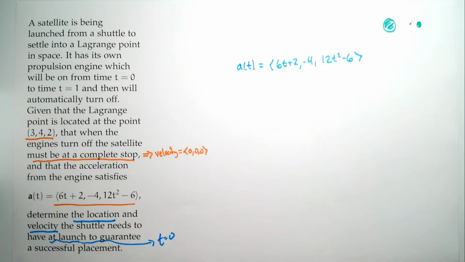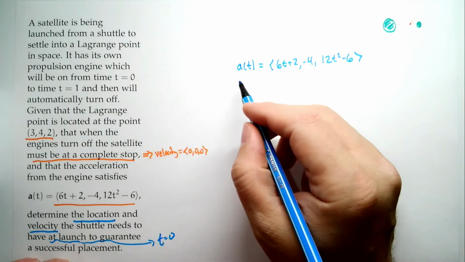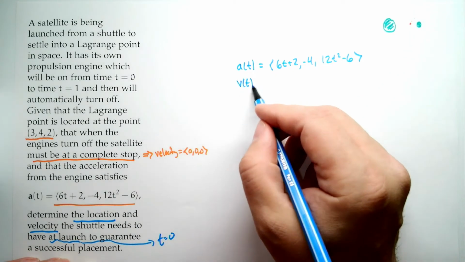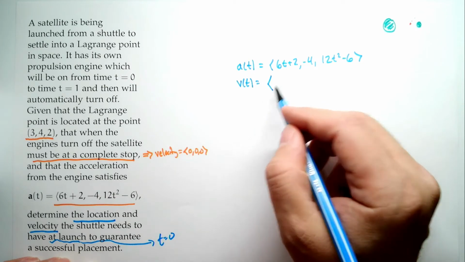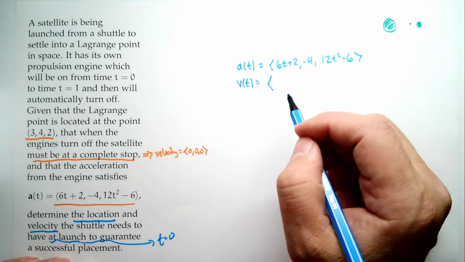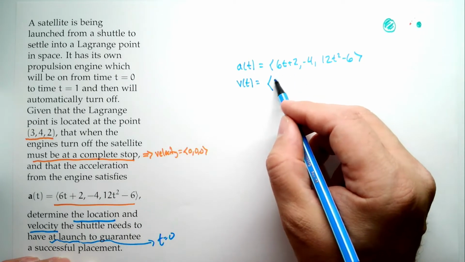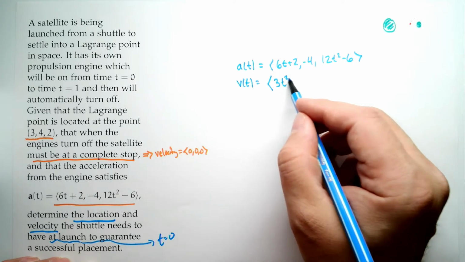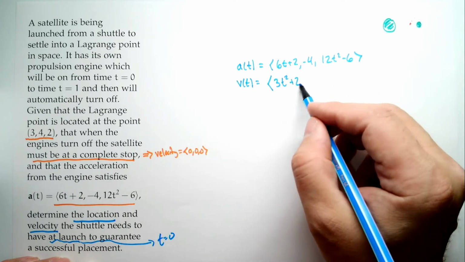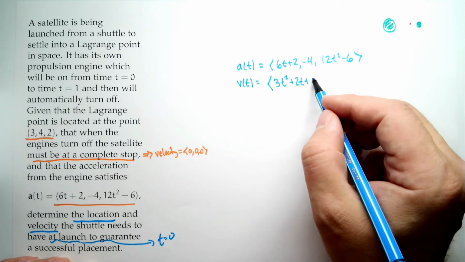Because the acceleration is related to velocity: if you take the derivative of velocity, you get acceleration. So if you integrate acceleration, you'll get velocity. So the velocity of the satellite will be, well, what's the integral of 6t plus 2? 3t squared plus 2t plus a constant, c.